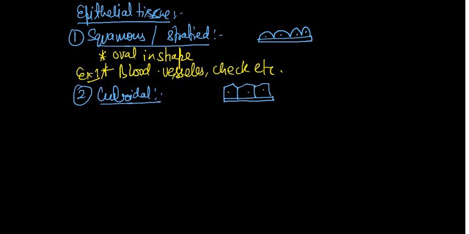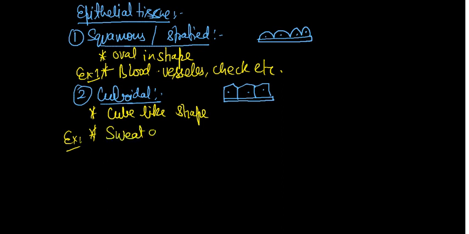Okay, so the structure is cube-like in shape. Examples you have to learn: sweat gland, kidney, etc.